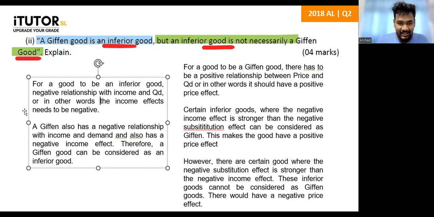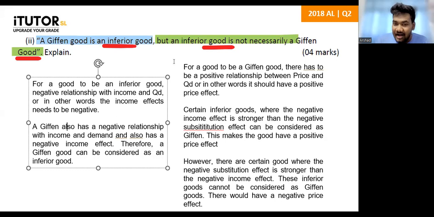So then we say a given good also has a negative income effect. That means a given good also has a negative relationship between income and demand. So the given good is satisfying that condition. Therefore, a given good also becomes an inferior good. So you can say that all given goods are inferior goods. That is the first part.